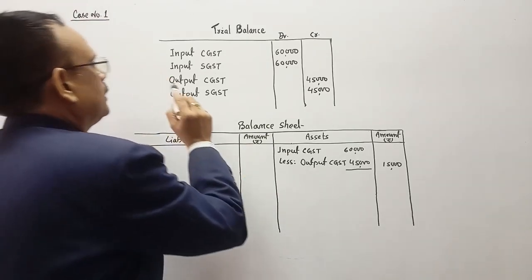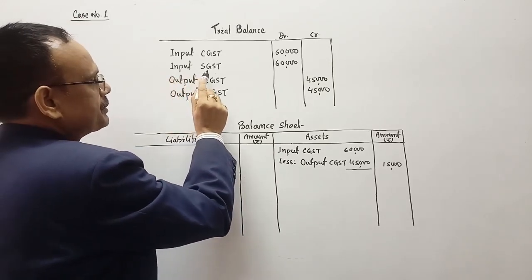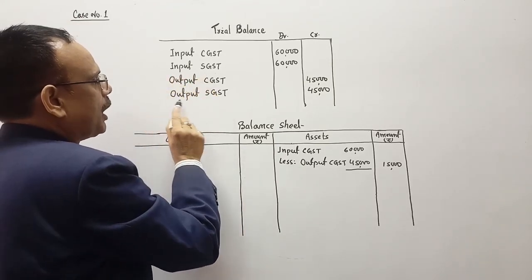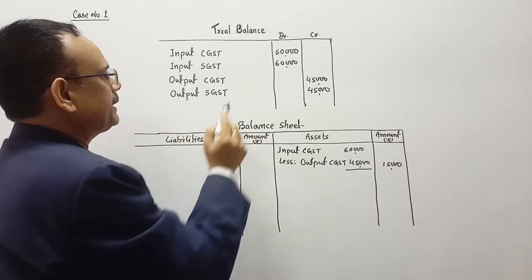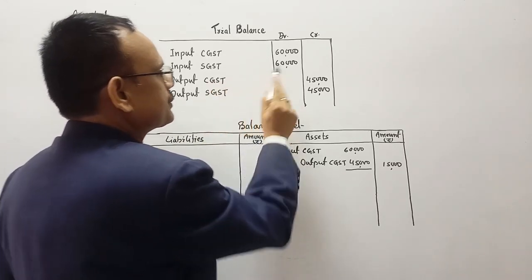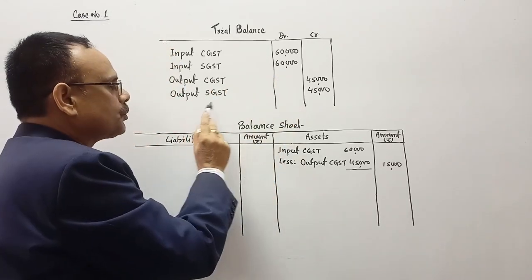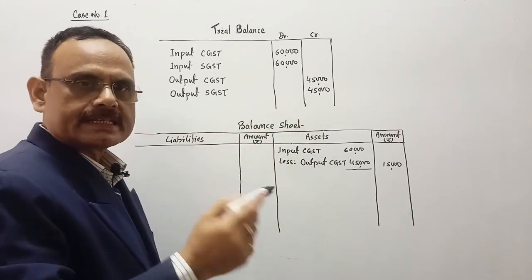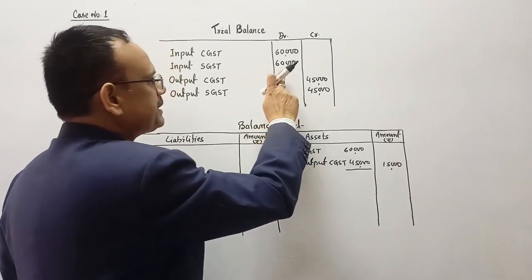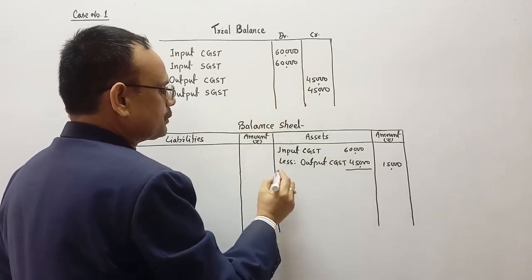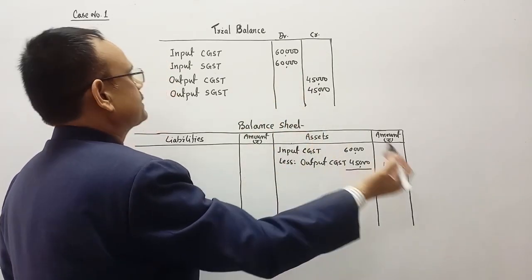Similarly, input SGST will be adjusted with the output SGST, and here the input SGST is 60,000 whereas the output SGST is 45,000, which is less than that. So input SGST is greater than this amount, so this will be shown in the asset side.